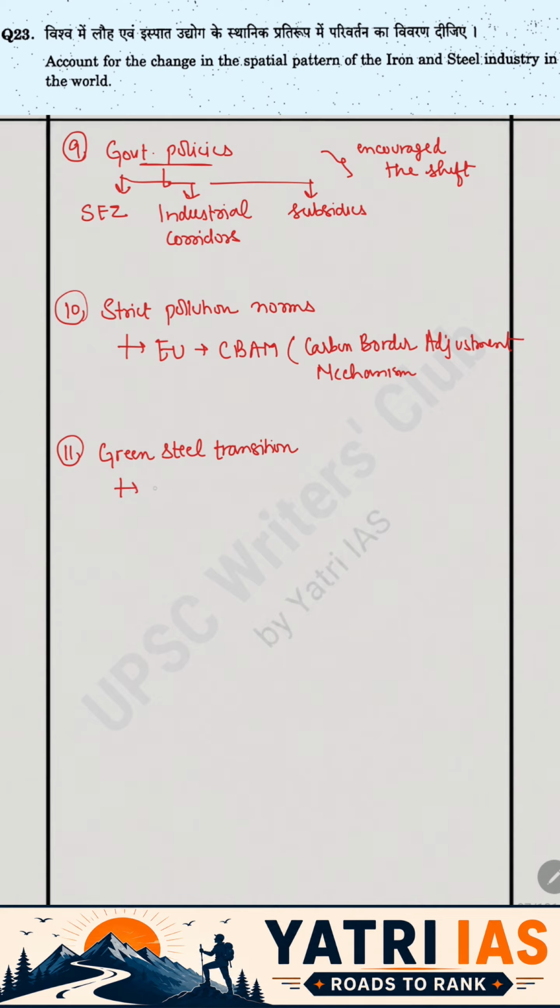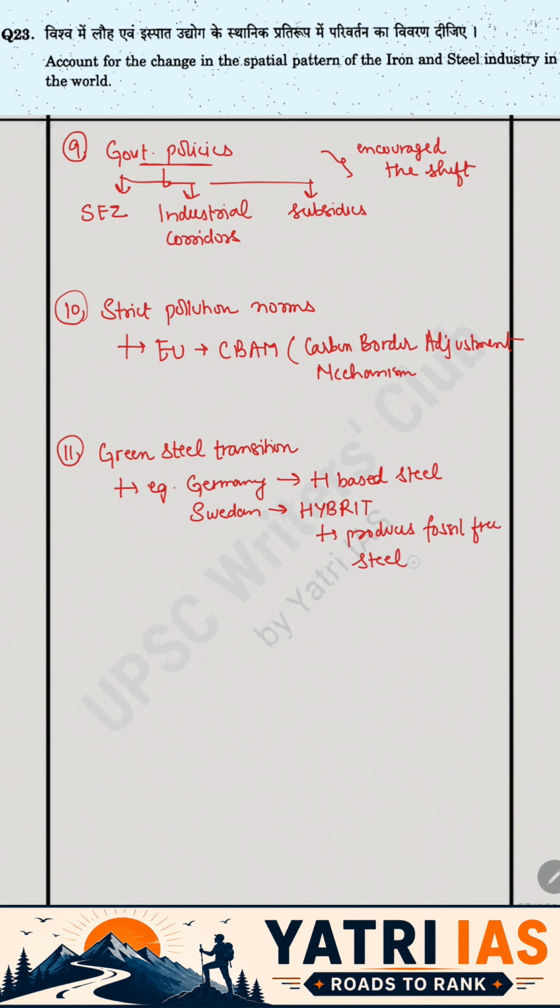This is a new investment model. For example, Germany is investing hugely in hydrogen-based steel. Sweden has a project called Hybrit, which produces fossil-free steel. So newer technological advancements are also taking place, which has prompted the shift.